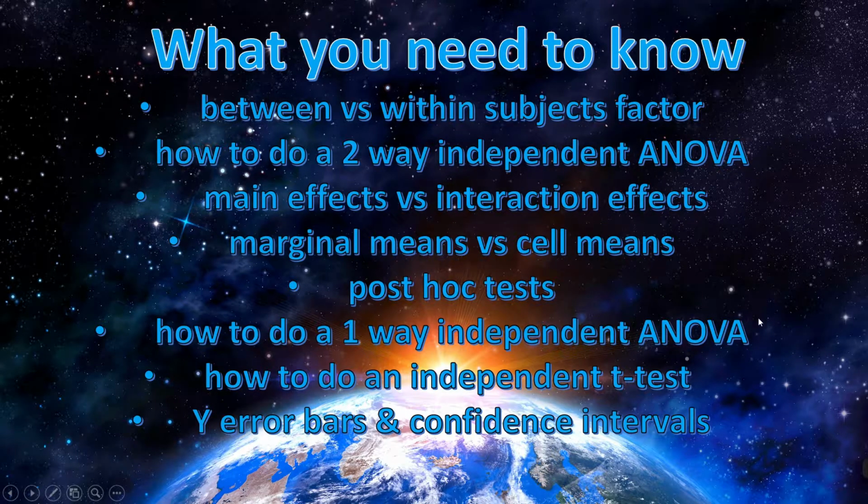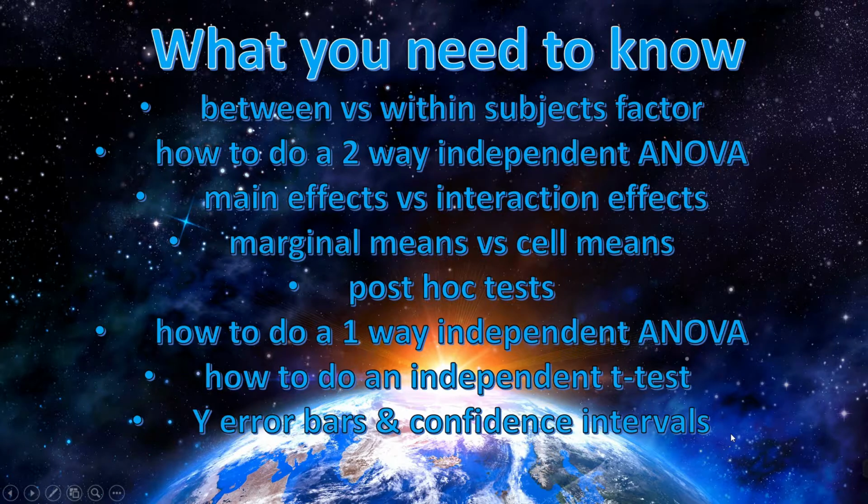Now, I will walk you through this, so if you're a bit shaky on it, I will be walking you through it, albeit a little fast. How to do an independent t-test, again, I'll do that with you as well. And it's helpful if you know what Y error bars are and confidence intervals.